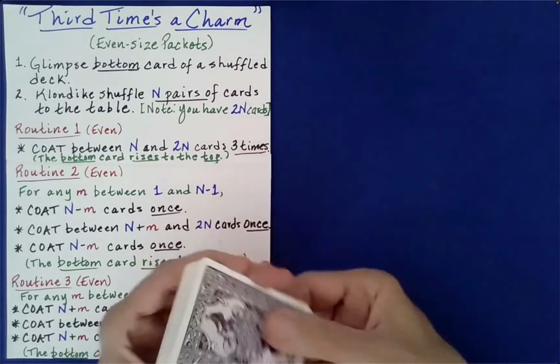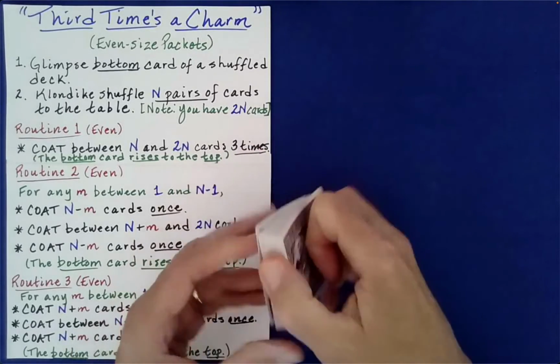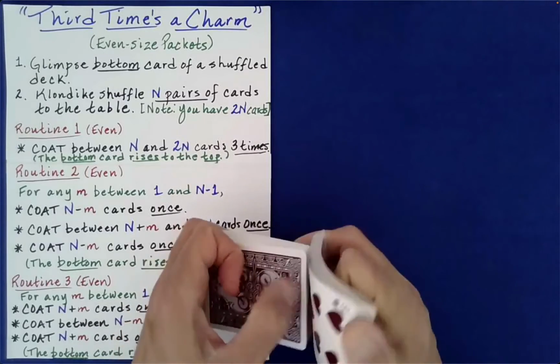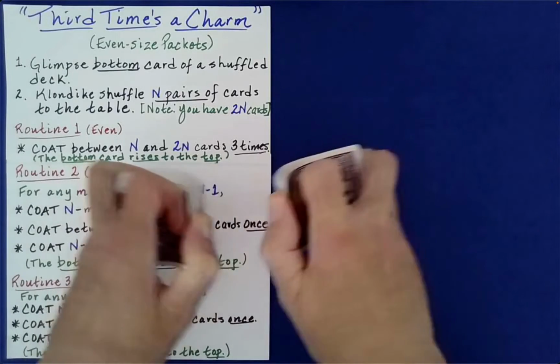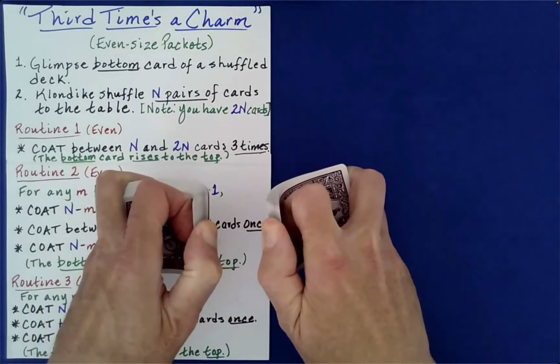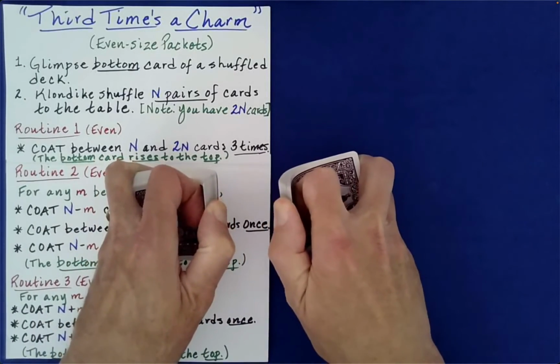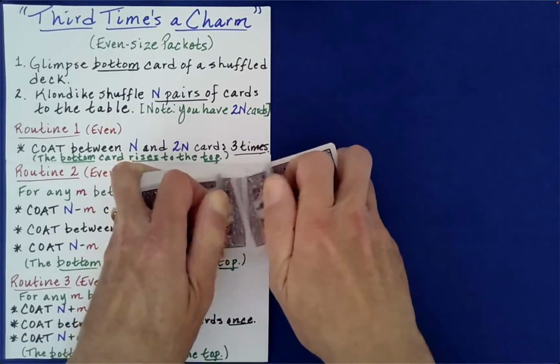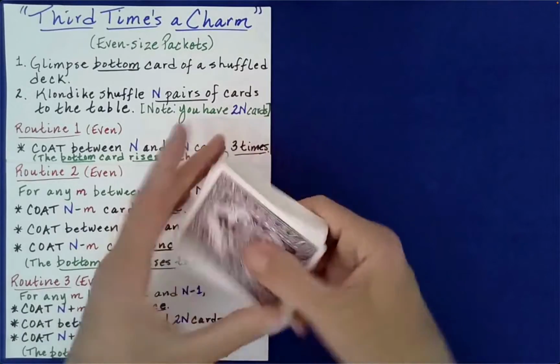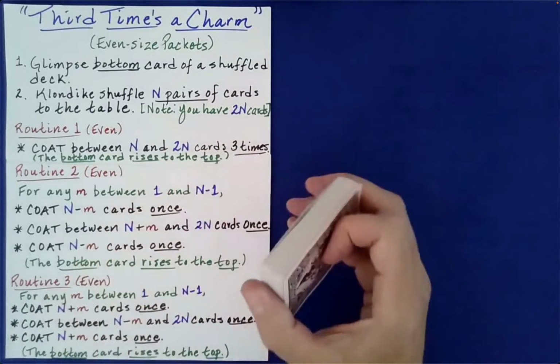And then, as we showed you in the introductory videos, if we want to retain the bottom card, you can do a similar thing to what we were showing in that previous video. We would want this card to fall first for our riffle shuffle, and that would maintain the bottom card at the bottom.